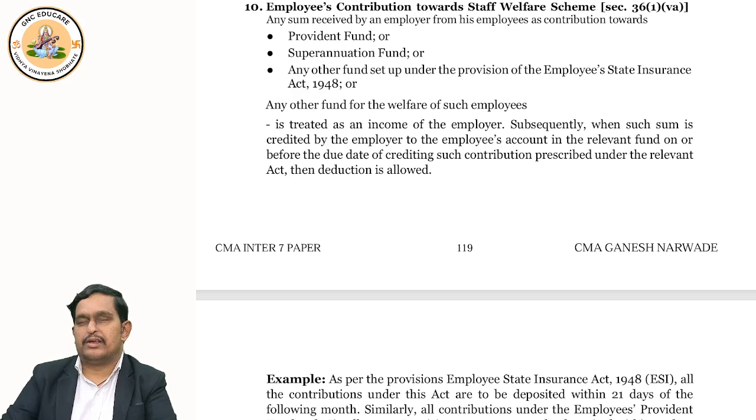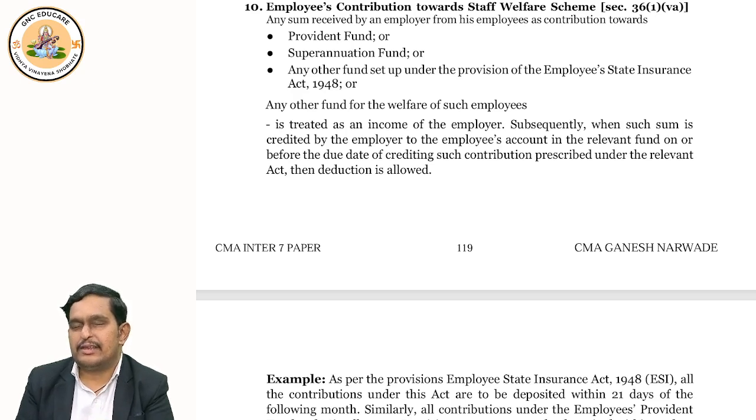Suppose the employee has to get 1 lakh rupees per month salary and his NPS contribution is 10%. The employee will not get the entire 1 lakh. The employee will get 90,000 and 10,000 will be NPS contribution.